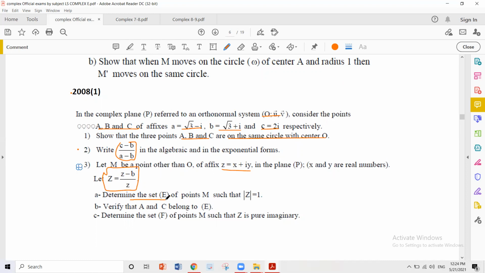Determine the set E of points M such that modulus of Z equal 1. How to determine the set of E if the modulus of Z equal 1? Yes, boys. How to find the set of points if modulus of Z equal 1?